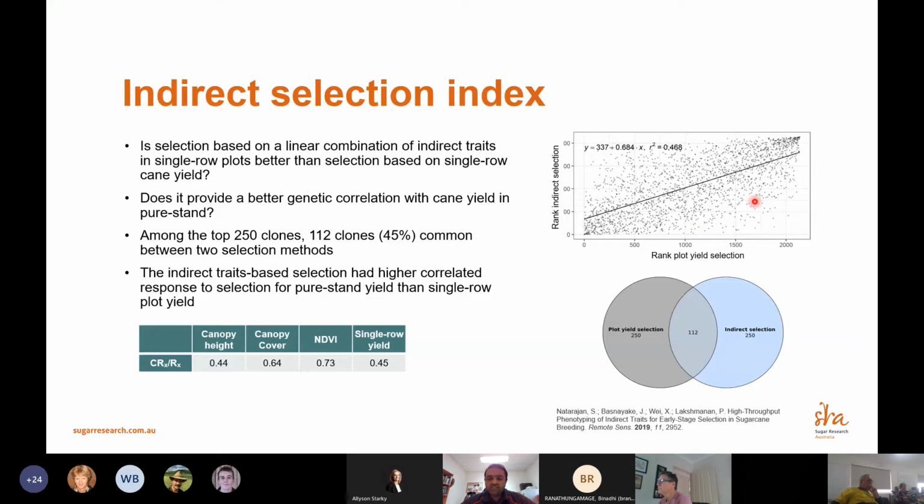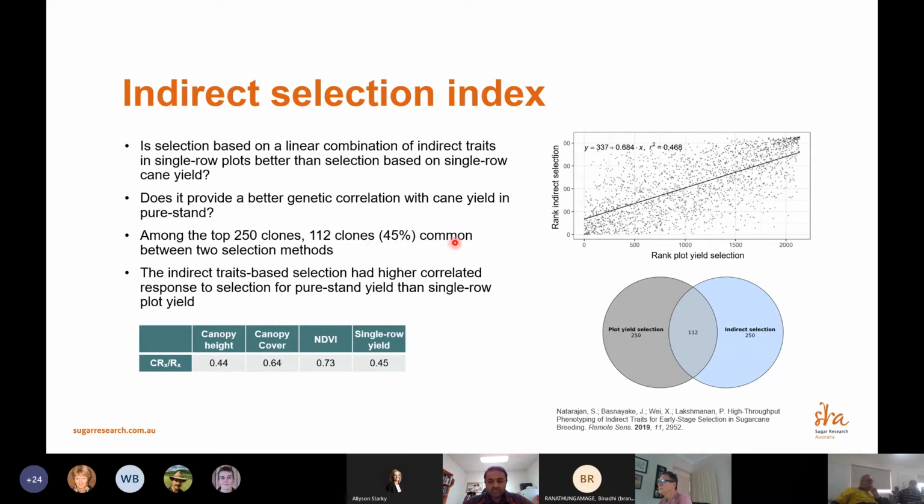You can see that there was quite a significant difference between the ranking of the clones. If we looked at the top 250 clones that would normally be selected, there were about 112 clones common between these two techniques of selection. So about 45% of the clones were common.